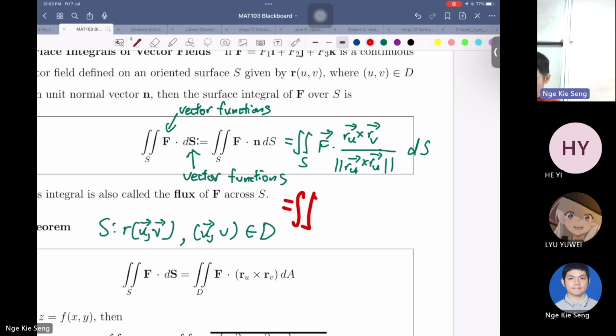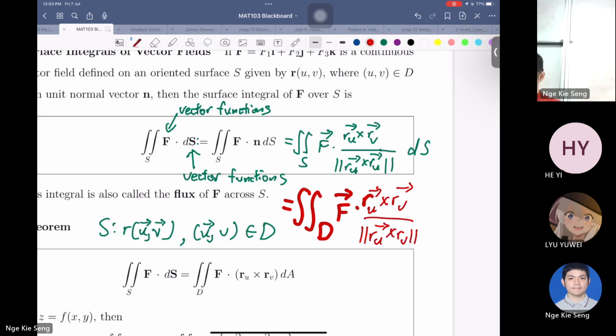We actually move our surface integral back to D, the D that defines my surface. This is the part I got stuck on in AIT last time. Here is a dA, so they cancel out. So what you really need is just the vector field dot with the normal vector of your surface.